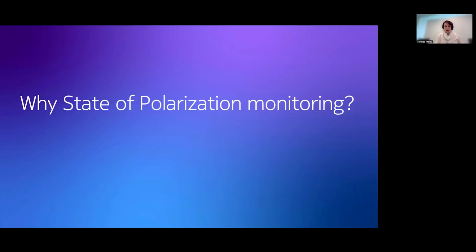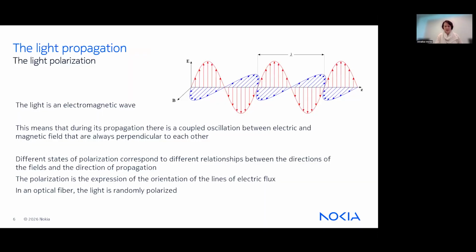So here I will quickly give you an idea about the main principle of light propagation in the optical fiber, a little bit of some concepts that were presented during the first presentation. The light is an electromagnetic wave that decouples into electrical and magnetic fields. Usually for our scope, we measure the electrical field.